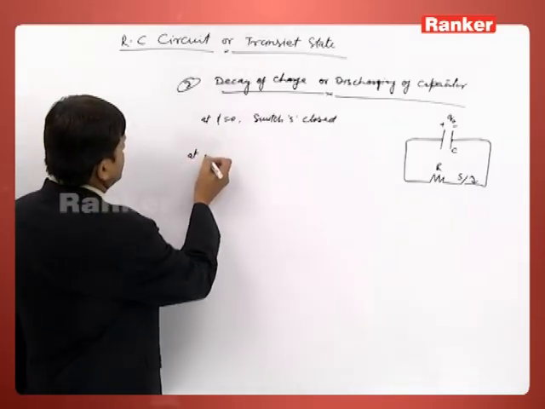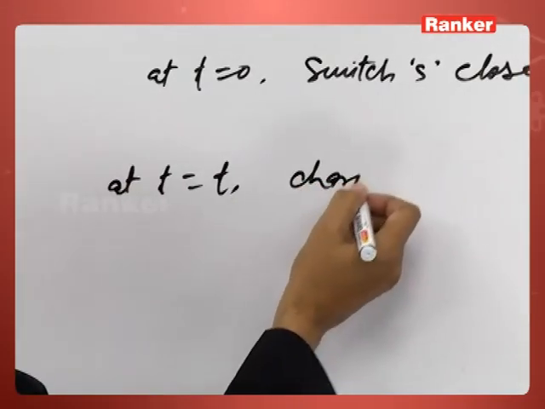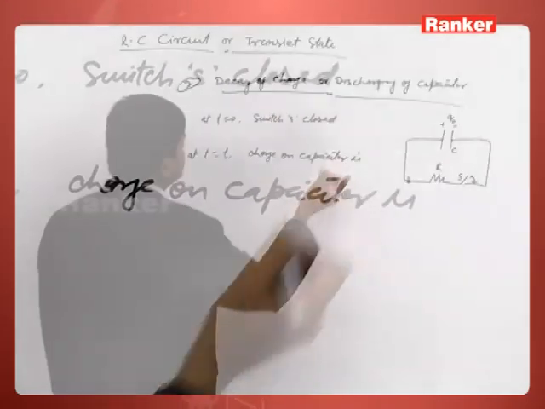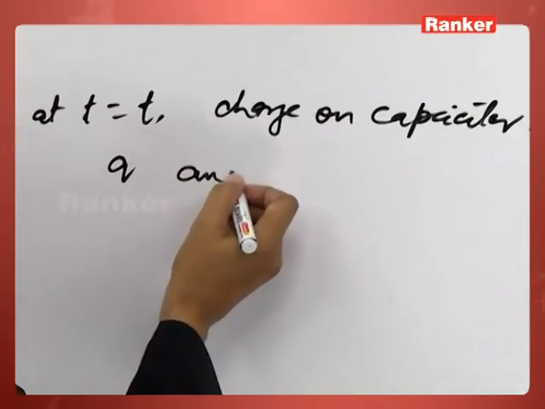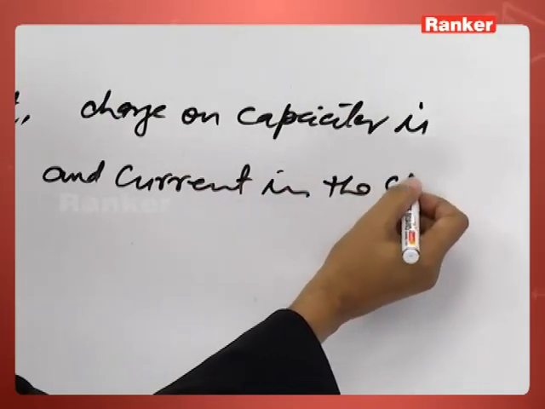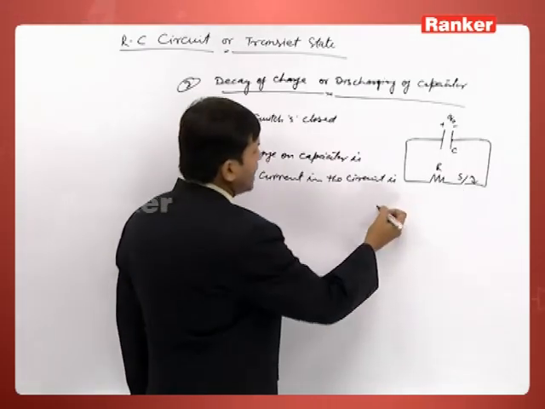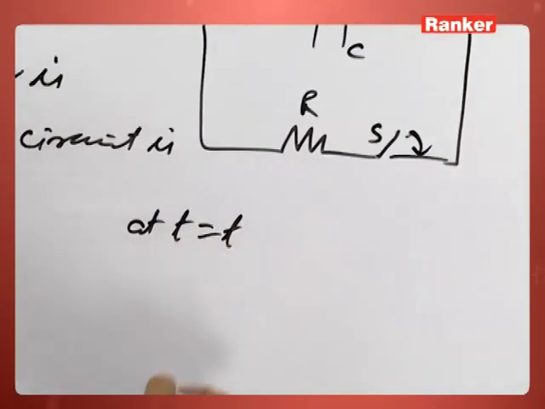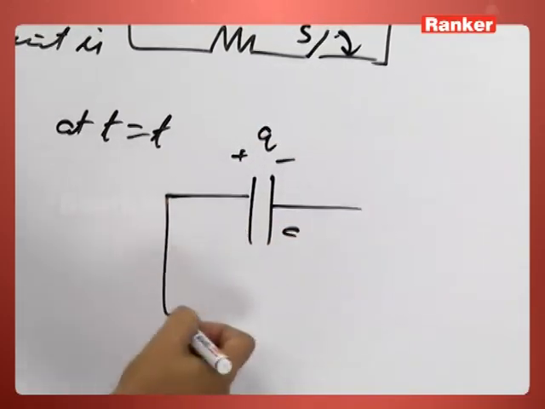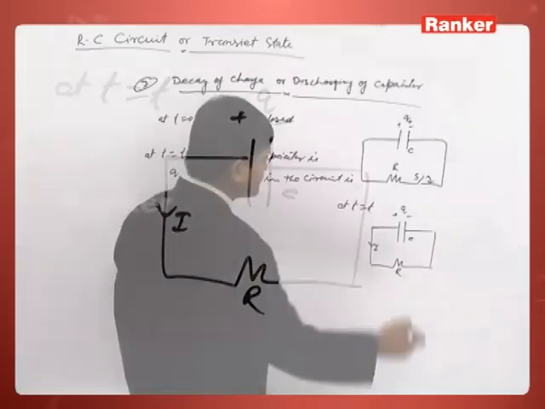So let at t equal to t, the charge on the capacitor be Q and the current in the circuit be I. At t equal to t, we can draw our diagram like this: charge Q, capacitance C, resistance R, and charge is flowing, so current like this.